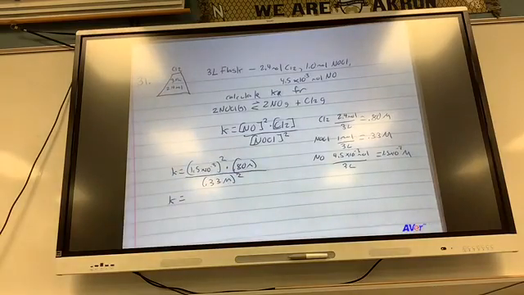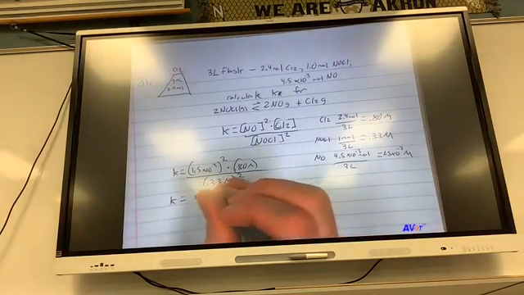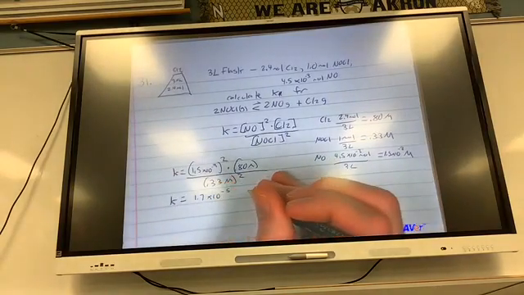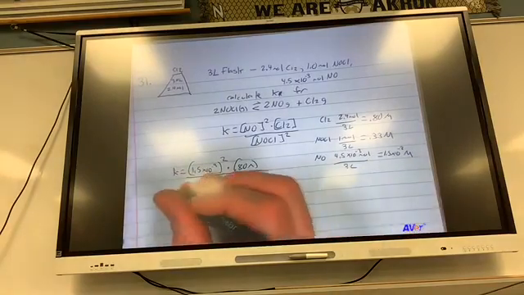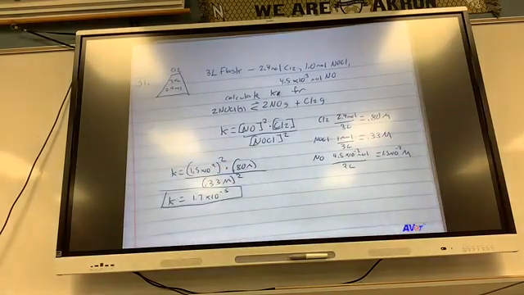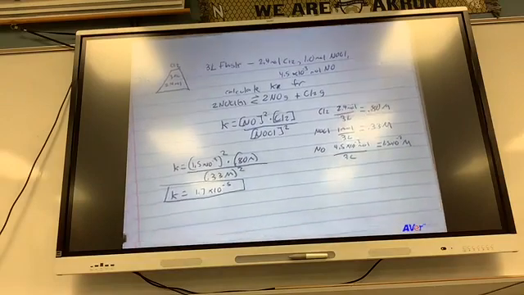So K, once you multiply that all through, ends up being 1.7 times 10 to the negative fifth, no units. That is 31.